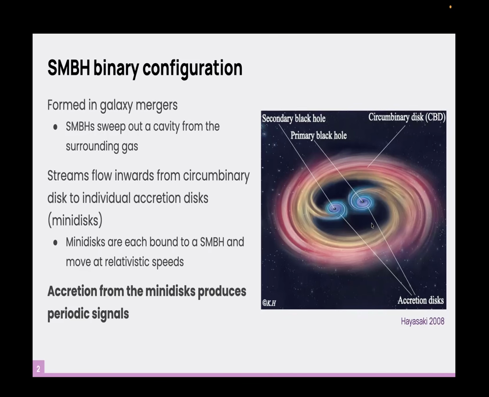And as the black holes start accreting from the inner region of that disk, they will suck in streams of gas that end up getting bound to each of the black holes. And those mini disks, shown in blue in this picture, will move with the black holes as they orbit each other, and they get very hot, and that produces electromagnetic emission, which is what we're looking for when we're looking for these periodic signals.